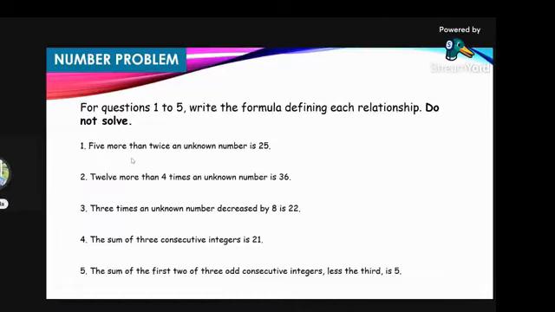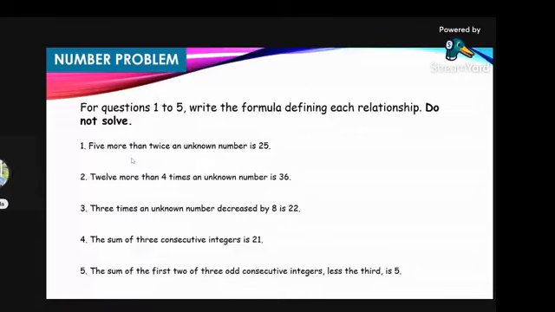Do you have your answers? Yes, sir, Fawn: 2x plus 5 is equal to 25. Or 25 is equal to 5 plus 2x. For number 1, you get all correct. We do not solve yet, just translation.